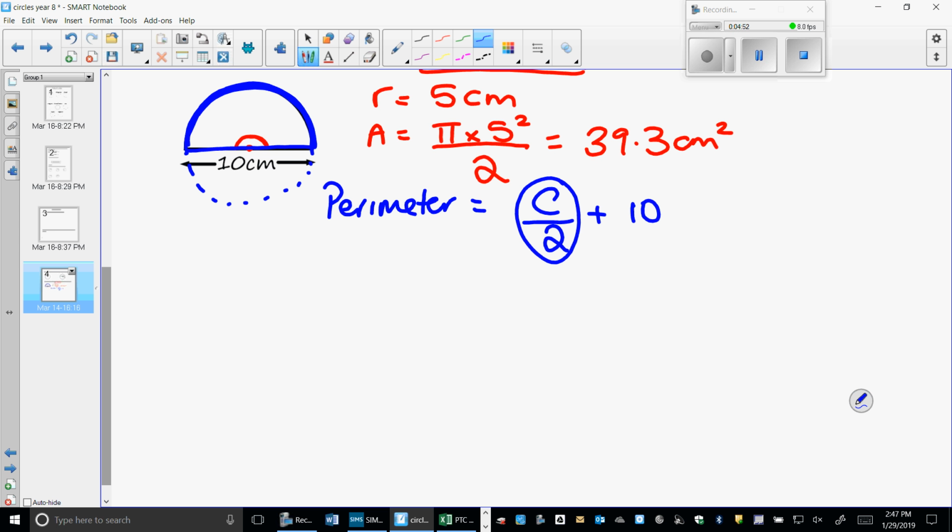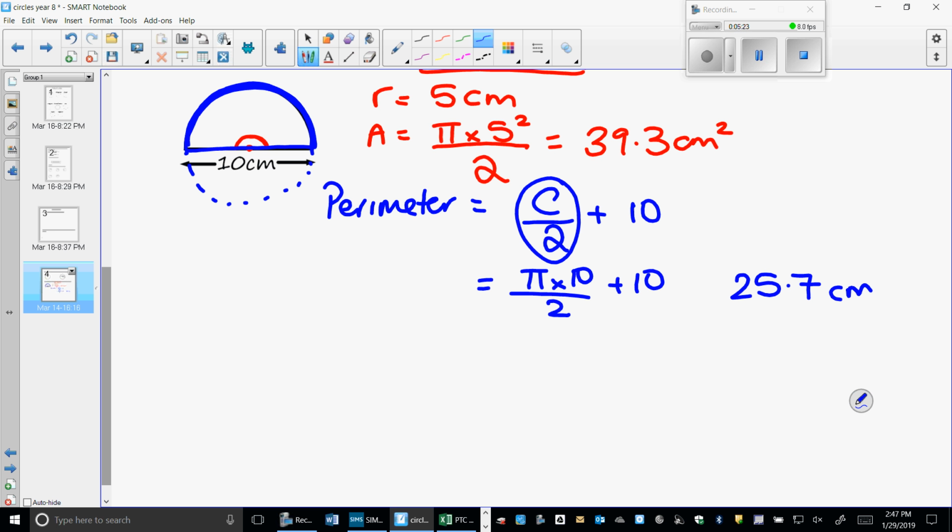So for this question, we would have pi multiplied by our diameter, 10. And we said we would divide that by 2 and then add on 10. Now, can someone pop that in their calculator for me and get an answer? So pi multiplied by 10, divided by 2, and then add on 10. 25.7.